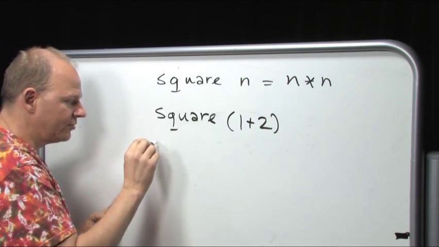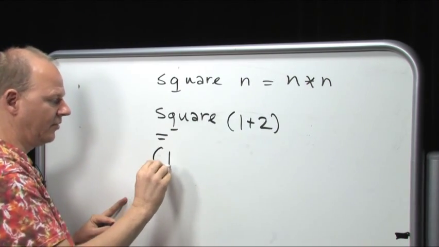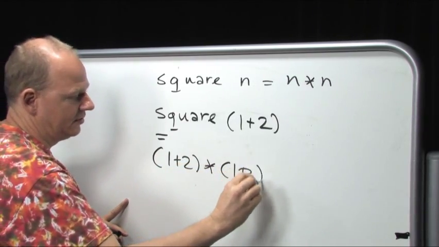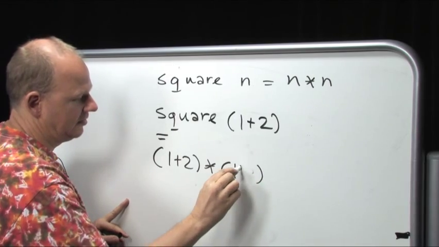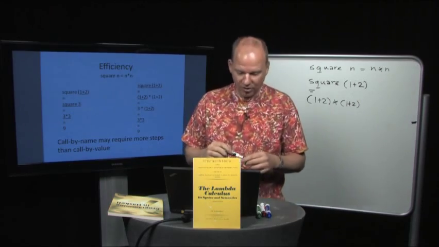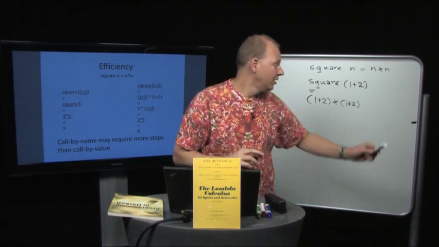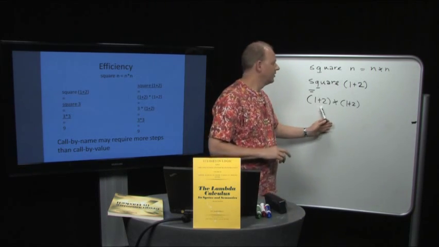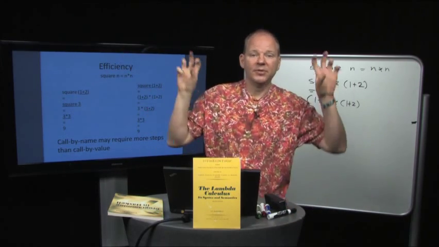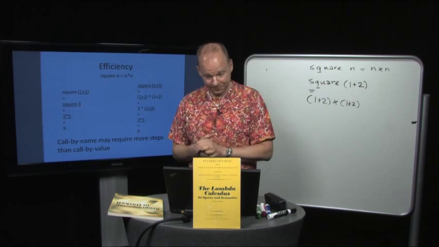So this goes to 1 plus 2 times 1 plus 2. Okay, and so you see that it's more work because now I have to perform this addition twice. I've duplicated the work because I've substituted the argument so-called by name.